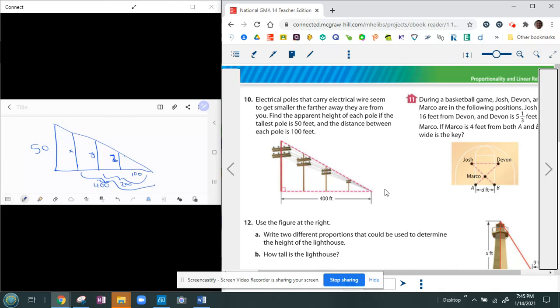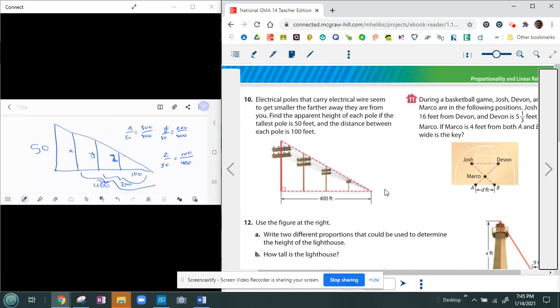Okay, one proportion would be, let's do X first. So X to 50 equals 300 to 400. All right. Y to 50 equals 200 to 400. And Z to 50 equals 100 to 400.